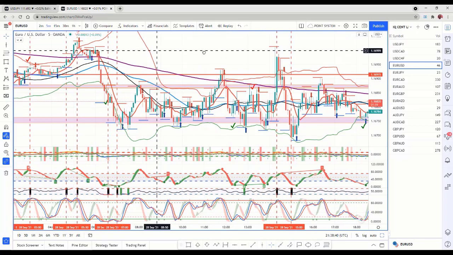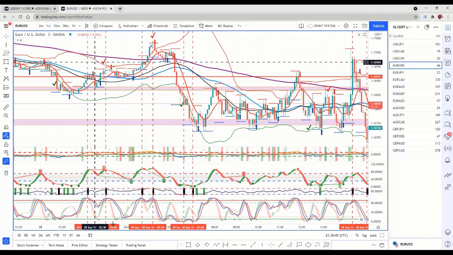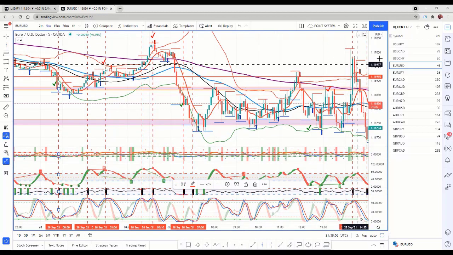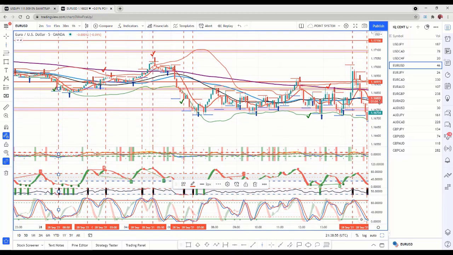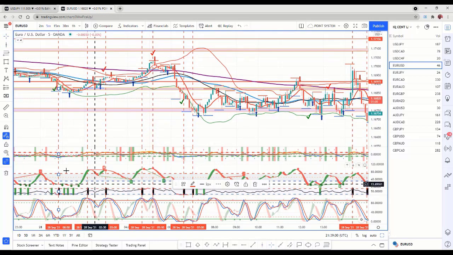Now I want us to see. Let me take this one too. 10. Now, simple. Just want to look at these 10 trades using my indicator.